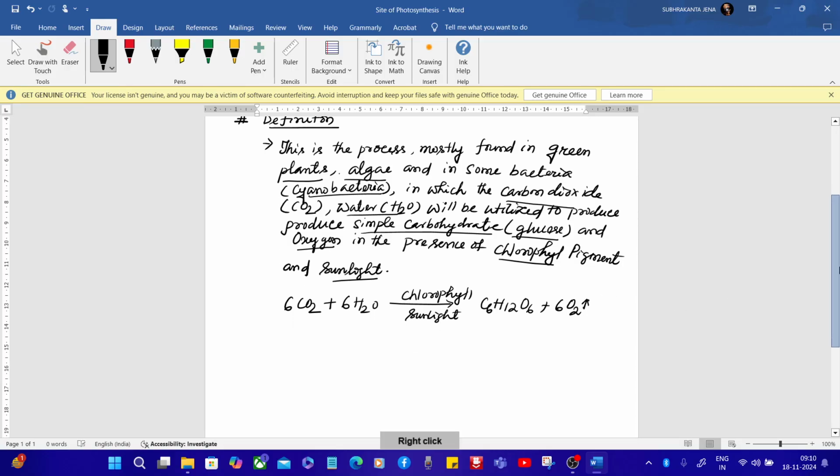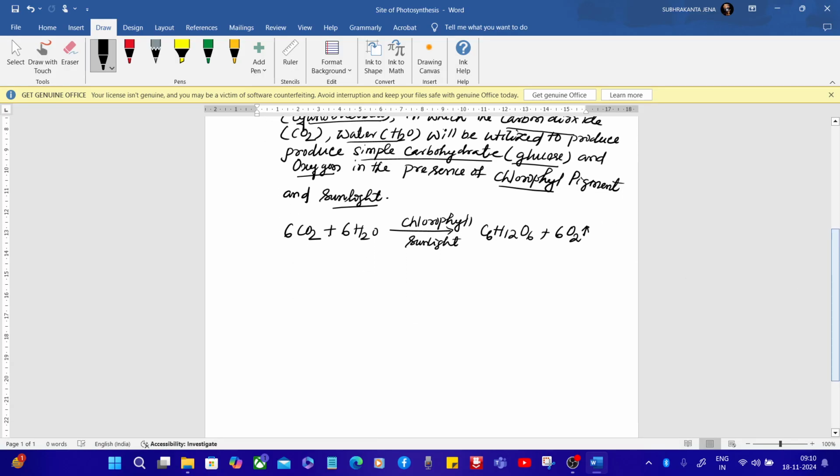If you want to balance this reaction, you can check carbon, oxygen and hydrogen. If you compare this part with this part, whether it is balanced or not.